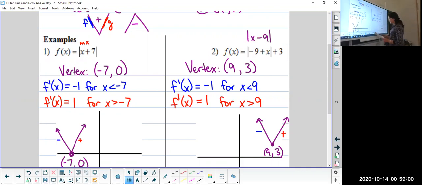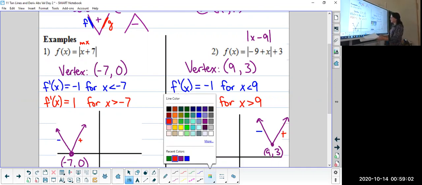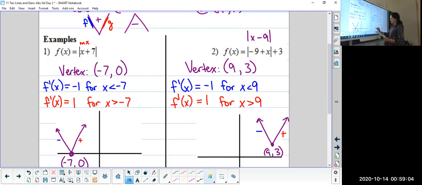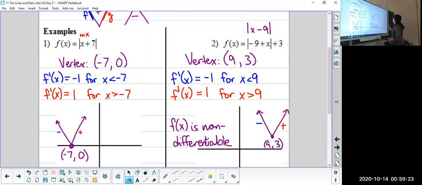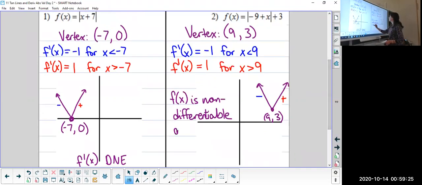And then I'll go ahead and say this. We can rewrite that statement that we have down at the bottom for number 1, and we can just say very simply, f of x is non-differentiable at x equals 9.